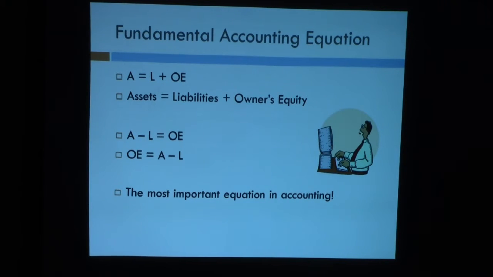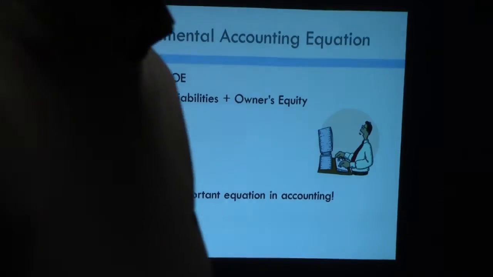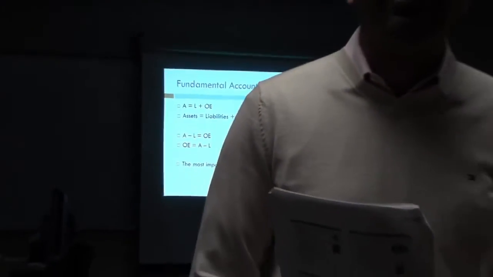The most important accounting equation that you'll ever come across is this fundamental accounting equation: A equals L plus OE. So this is extremely critical for you to understand. If you have any questions about this, you should refer to the package and to your notes as we go along in this course.